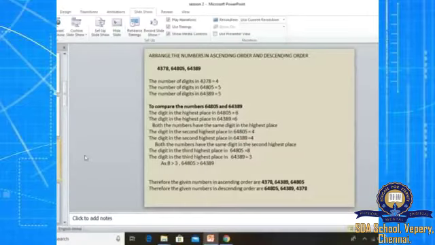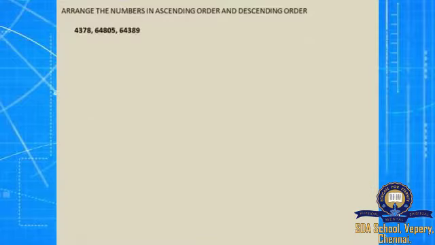Arrange the numbers in ascending order and descending order. We know how to find the smallest and greatest number by comparing. So now they have asked us to arrange the numbers in ascending order and descending order. The numbers given here are 4,378, 64,805, and 64,389.